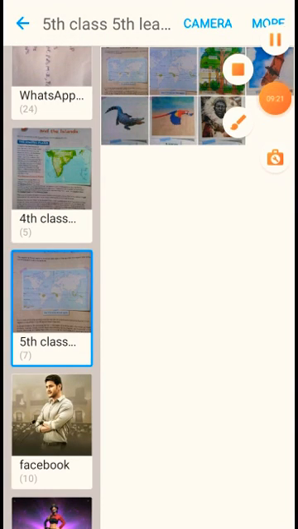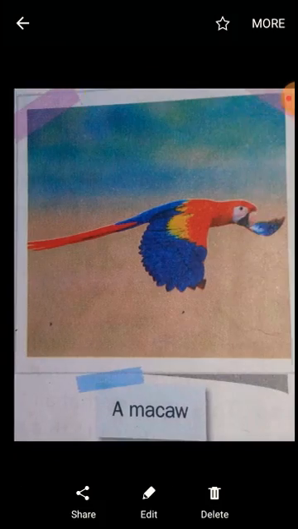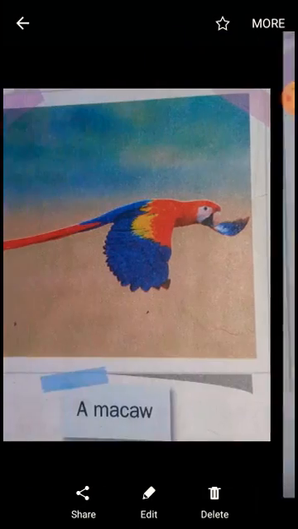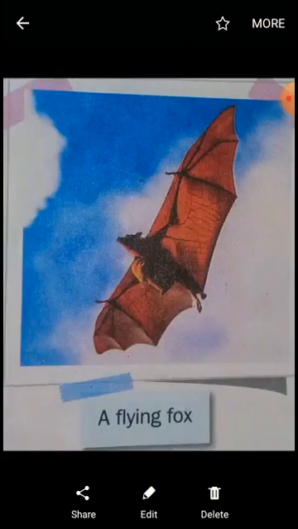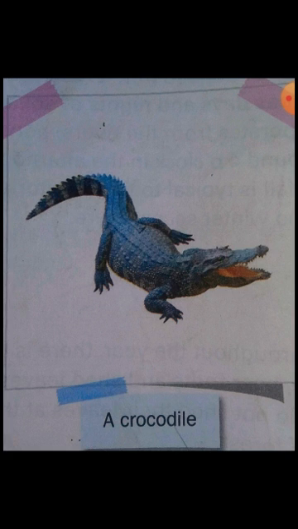These are some birds. This is a flying fox, a crocodile, a macaw. These are some animals and birds of the equatorial forest region.